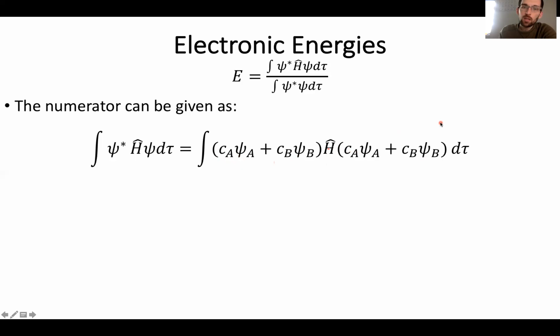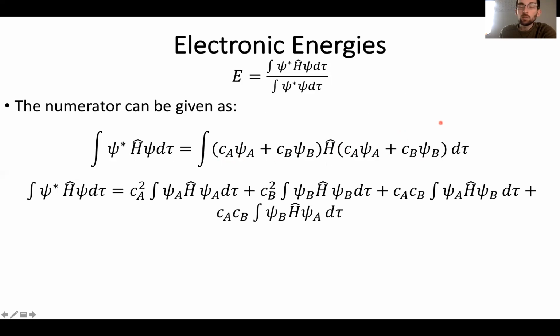And when you do this, it generates a possible 4 states. And again, we went ahead and pulled out the coefficients because we'll end up with squared coefficients. The easy case is it's going to be the square of each coefficient. And then we get these 2 mixed states that are a bit more annoying, where we've got the CA times CB and then CB times CA.